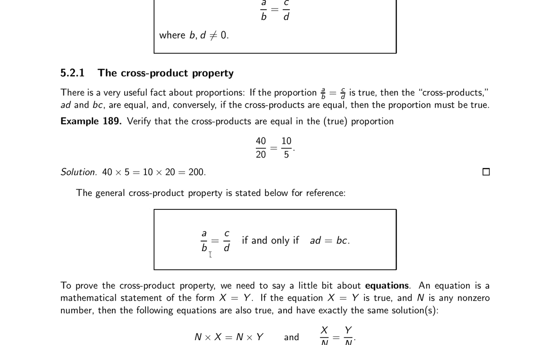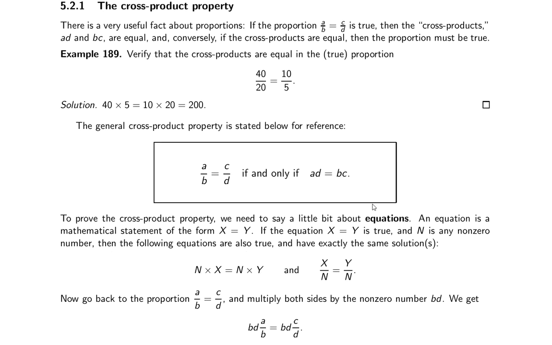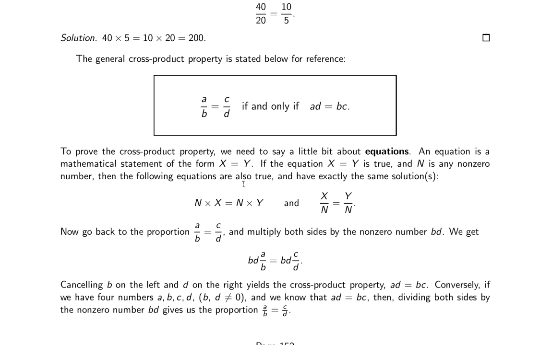A over B is equal to C over D if and only if AD, the first cross product, is equal to BC, the second cross product. And so why is that true? Why do we have this if and only if?